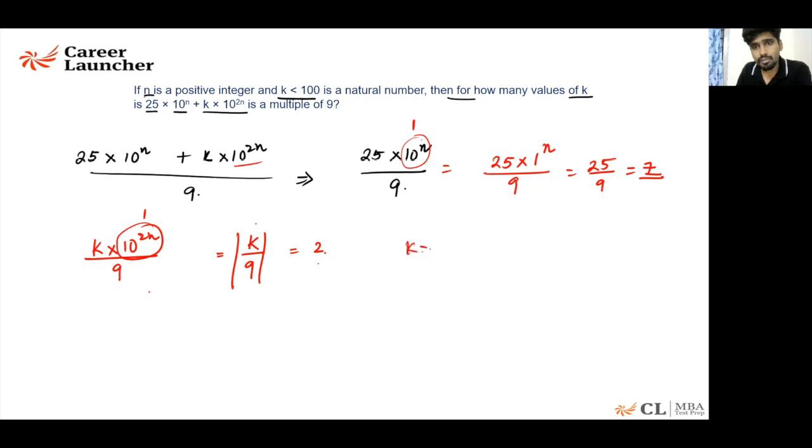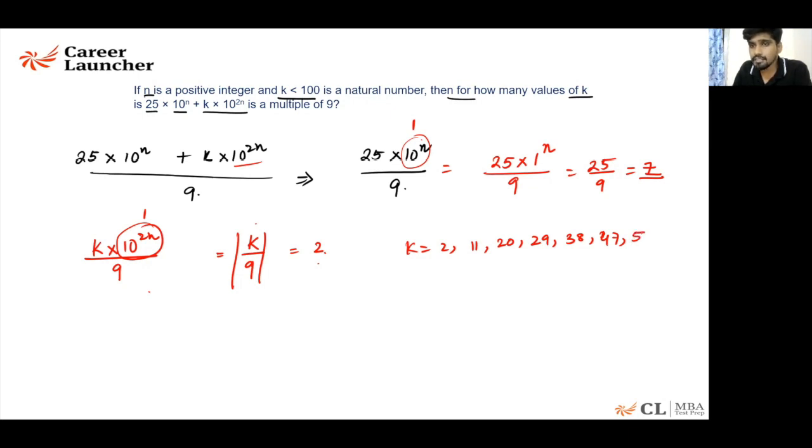So k can be equal to 2, 11, 20, 29, 38, 47, and so on. k is of the form 9l plus 2, where l can be 0 also, because k is only a positive integer.